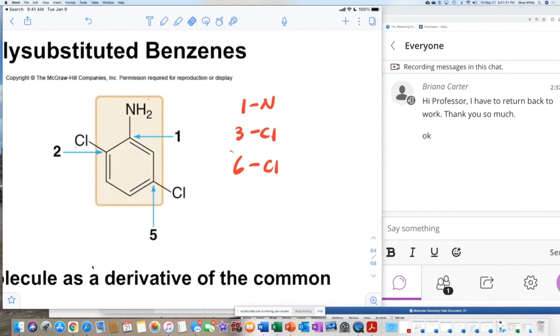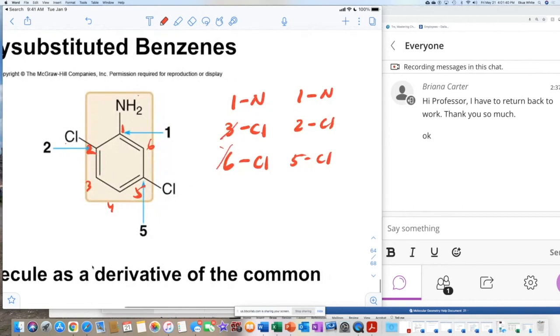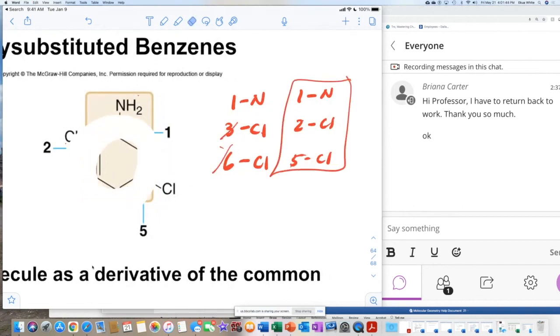The one they picked was what? 1, 2, 3, 4, 5, 6. This is counterclockwise, right? We end up with 1 for nitrogen, 2 for the left chlorine, and then 5 for the right chlorine. You see how these numbers are larger, so this is smaller, so this is the one that wins that orientation.